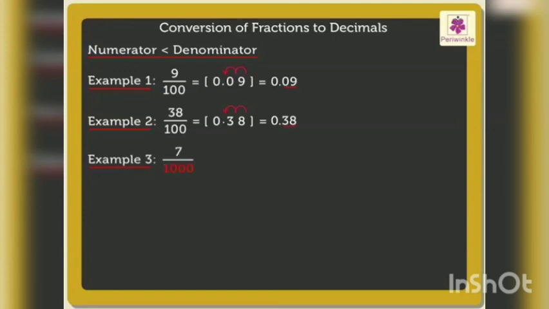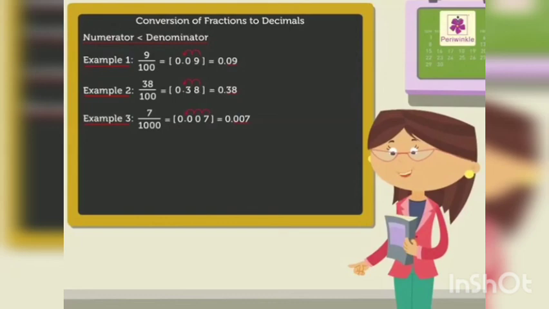There are four digits in the denominator. So, we add three zeros before the number 7 and get the same number of digits in the numerator as in the denominator. Now, count three places from the right towards left to place the decimal point. Thus, we get the answer as 0.007. Now, why don't you try solving some problems on your own?